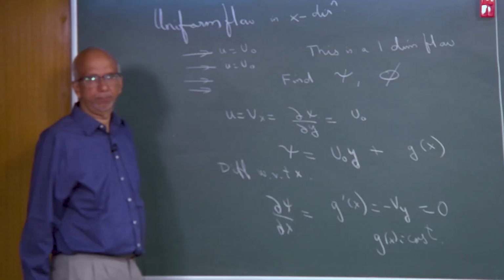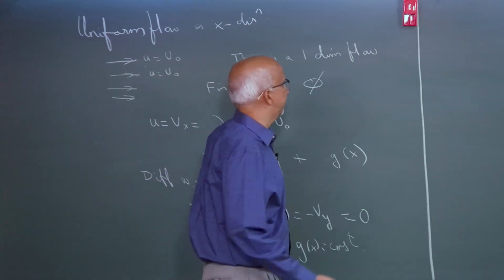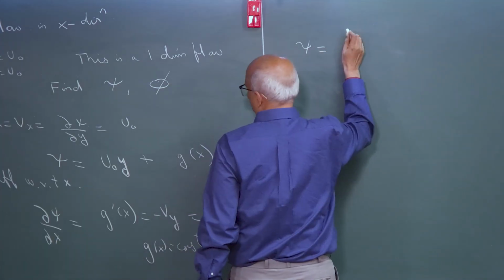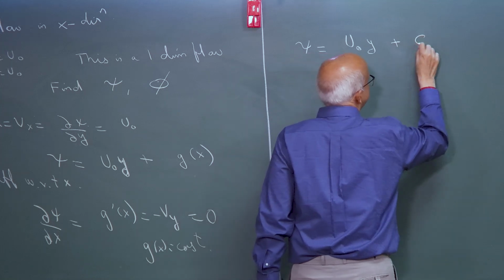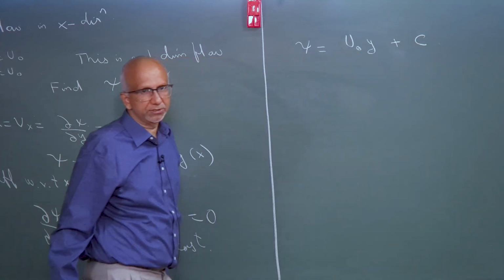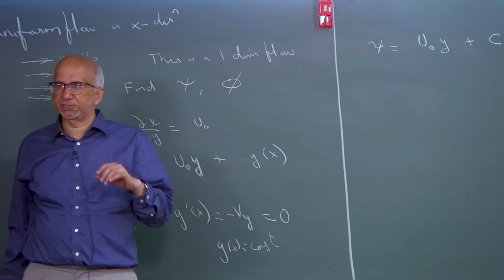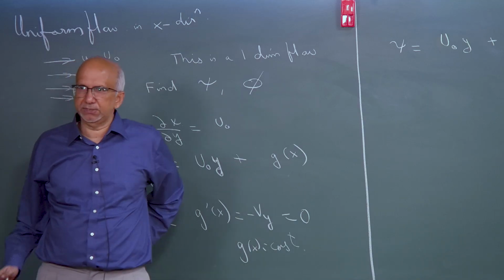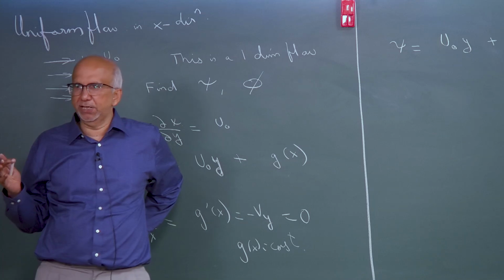Okay. Now, if I want to plot the stream functions, so psi equals u0 y plus a constant c, that is my stream function. So, I want to draw my streamlines, okay. How are the streamlines defined? The streamlines are defined such that psi is constant on the streamline.